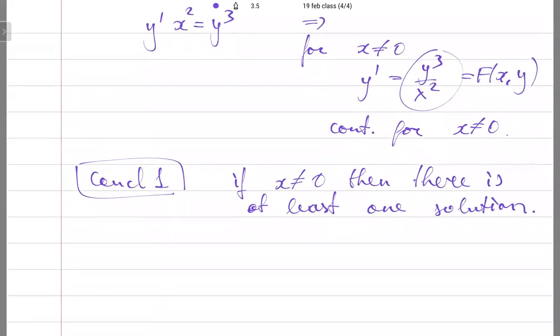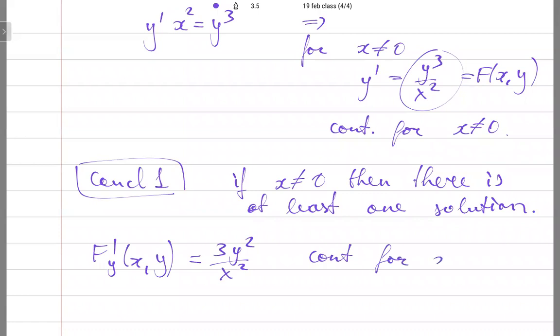Then let's find f prime with respect to y. What is the value of f prime with respect to y? Yeah, it's 3y squared divided by x squared. And I see that once again, this function is continuous for x that is not equal to 0.